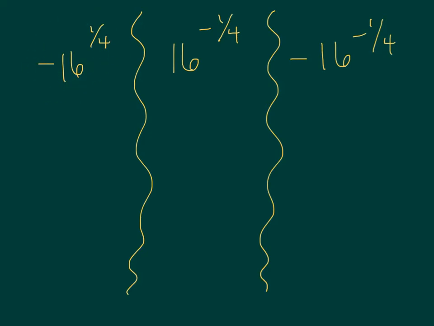So I want you to take careful note that the negative is not actually being raised to the 1/4, the 16 is. So when this happens, we're actually going to set this negative aside, complete this part of the problem first, and then attach the negative. If the negative 16 was in parentheses, then the negative and the 1/4 would go under the square root if both of them were in parentheses.